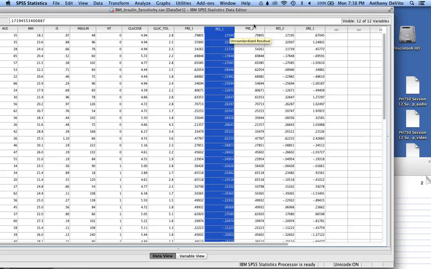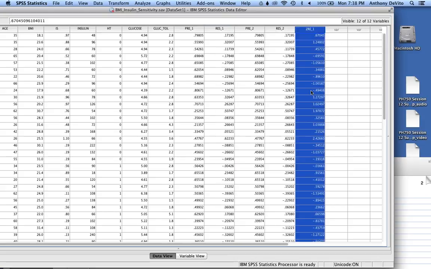Now, the other thing that we might be interested in, and this is why we did this standardization, these are the z-scores for how far each one of these values is from the predicted values.